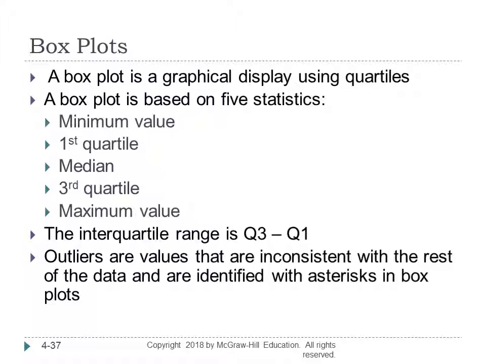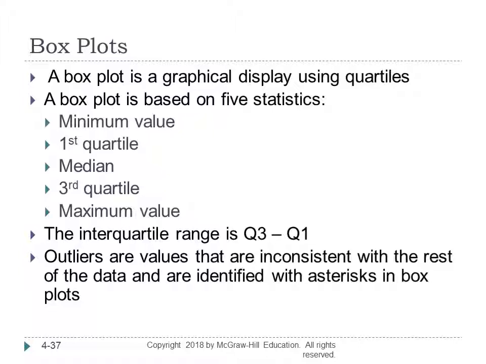So basically that would summarize the minimum and maximum values, Q1 and Q3, and the median. Of course, if you have all these values, you can measure the interquartile range by taking Q3 minus Q1.